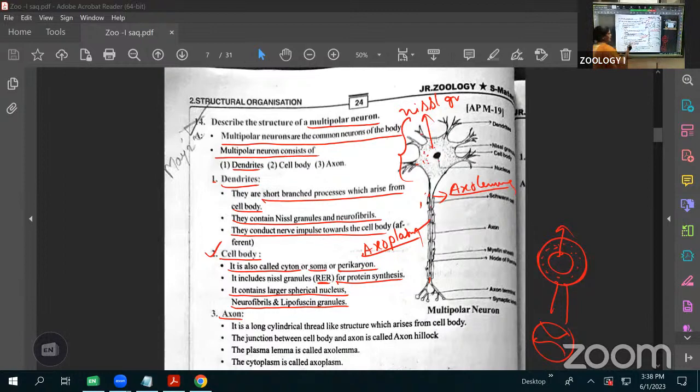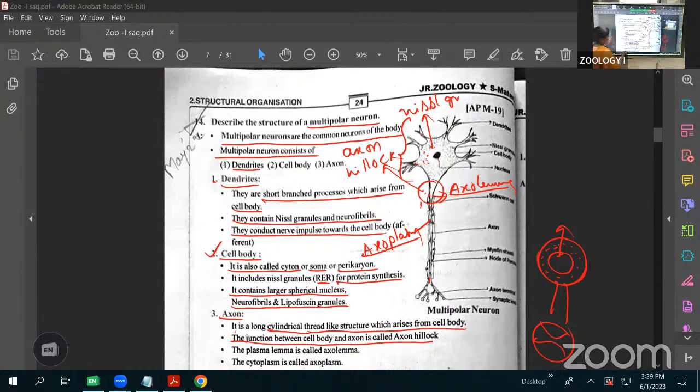It is a cylindrical structure arising from the cell body, and the junction between the cyton and the axon is called the axon hillock.